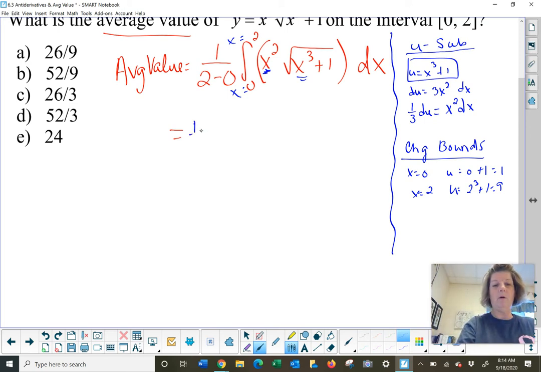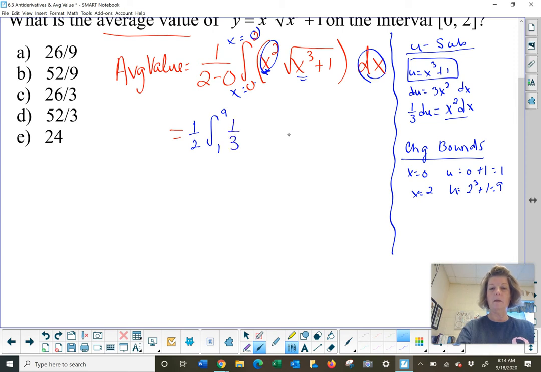We have the 1/2. The scalar is unaffected by all this bound changing stuff. And I'm now from 1 to 9 because 0 converted to 1 and 2 converted to 9. My x squared dx converts to 1/3 du.